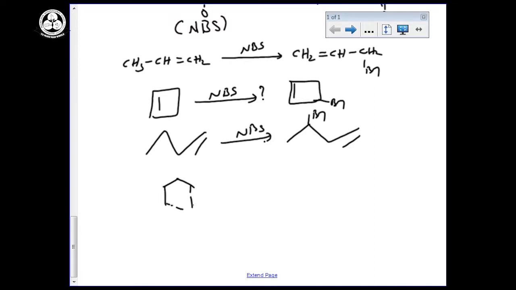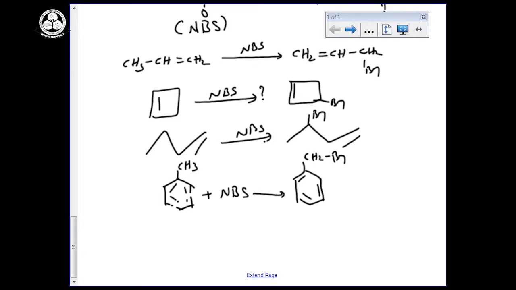Suppose I am taking toluene, plus NBS I am adding. Toluene, benzene with CH3. So allylic substitution gives the answer, benzene with CH2Br.